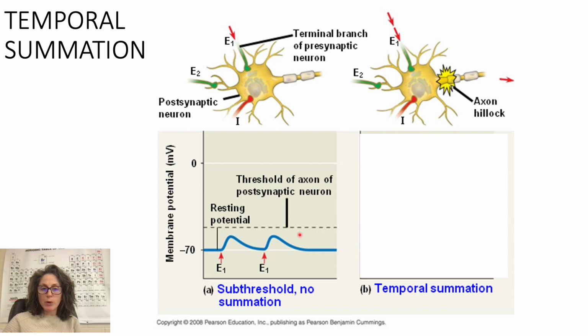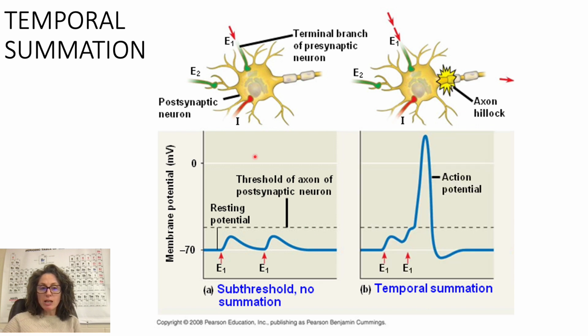And in order for that postsynaptic neuron to actually do anything, it needs to have its peak reach this threshold here, the action potential threshold. But if E1, the same neuron, fires rapidly one after another, it could induce an action potential in the postsynaptic neuron. Okay? So sometimes a neuron just has to fire off more neurotransmitter more rapidly. That would cause a temporal summation.